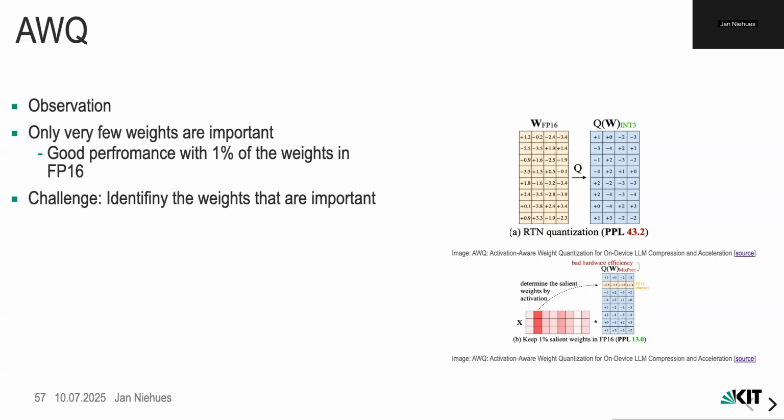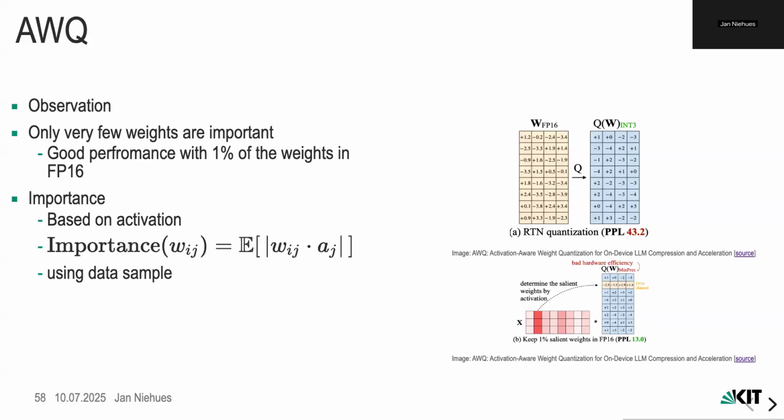So there could be two approaches. The first, maybe more straightforward, is that you take the largest weights, thinking this has the largest influence. They found out that doesn't work that well, but they identified that if you look at the activation, this really works. So you look at, on average, if you apply these weights to the input, what are the resulting activations?